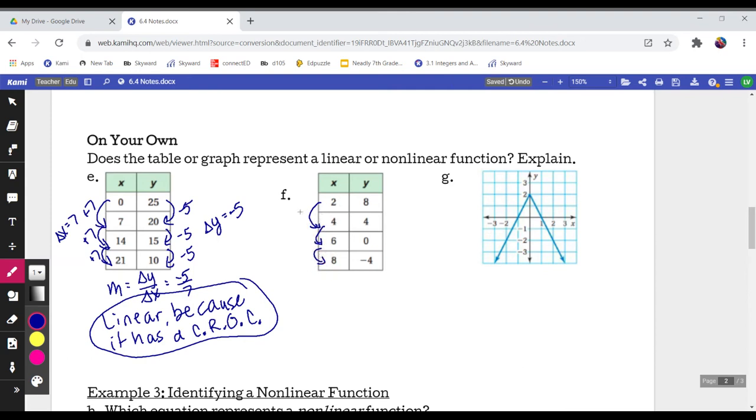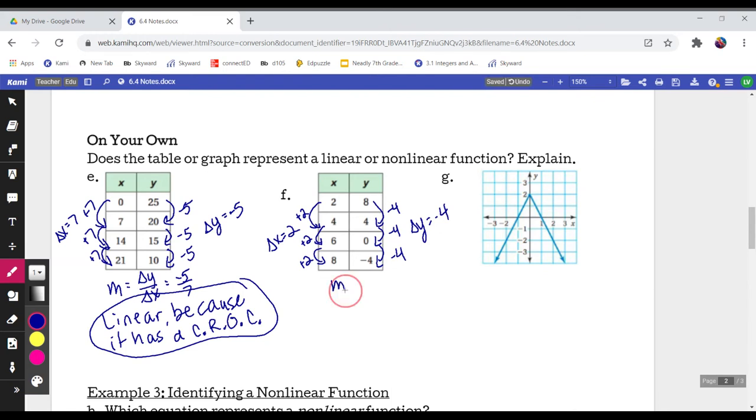From 2 to 4, add 2. From 4 to 6, add 2. From 6 to 8, we add 2. So this is the change in x being 2. Then y, we go from 8 to 4, so that's subtracting 4. 4 to 0, subtracting 4. 0 to negative 4, subtracting 4. So the change in y values is negative 4.